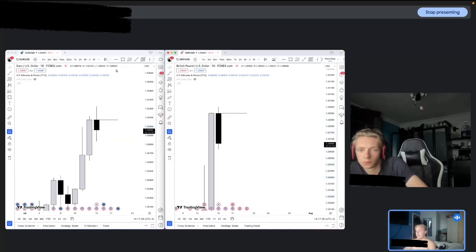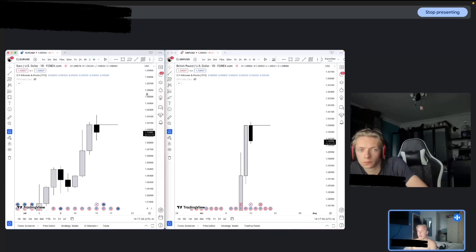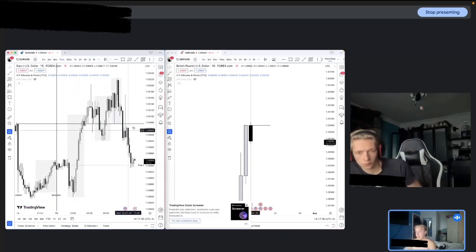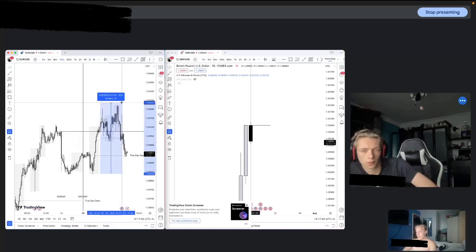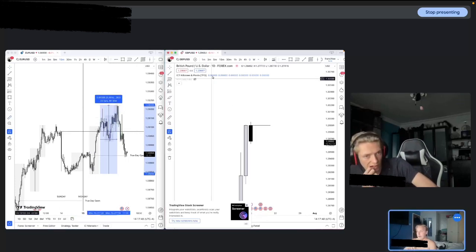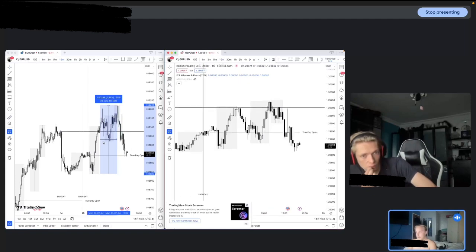Reason being, the euro was stronger than the pound, and even on a rangy day, you still could have got about 30 pips from the market from this move here. 38, well, depends where you entered, but if you'd have got the complete low, 38 pips there.